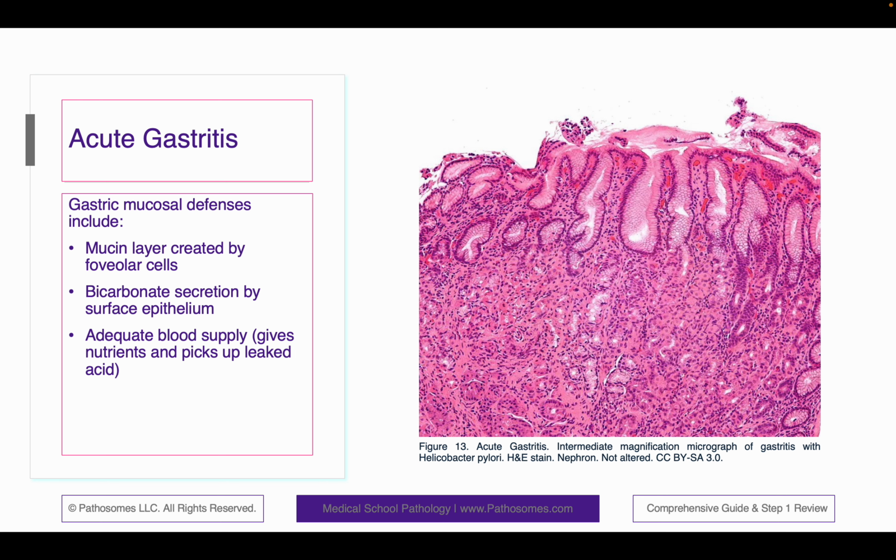Regarding acute gastritis, the gastric mucosal defenses include that mucin layer created by the foveolar cells, bicarbonate secretion by the surface epithelium, and adequate blood supply, which gives the nutrients and picks up leaked acid.